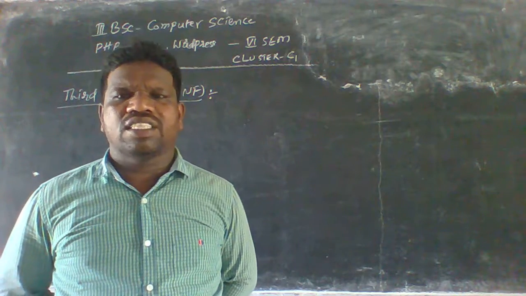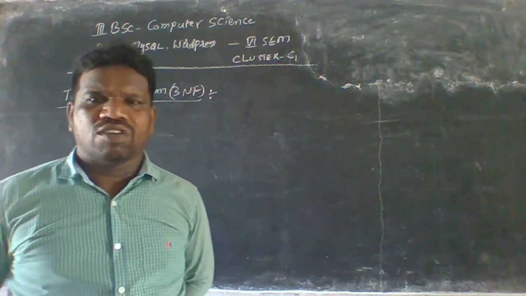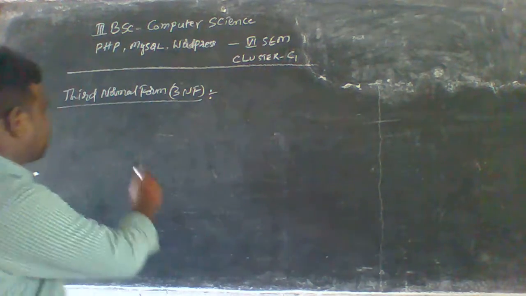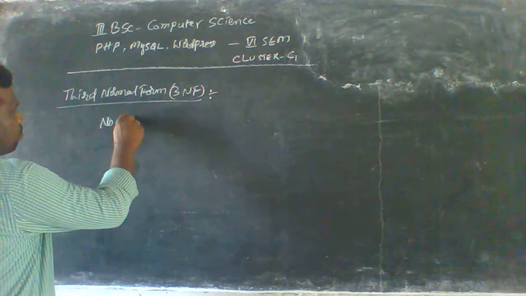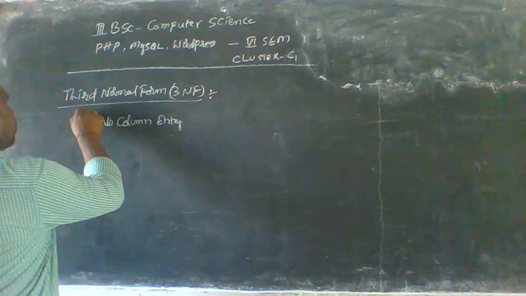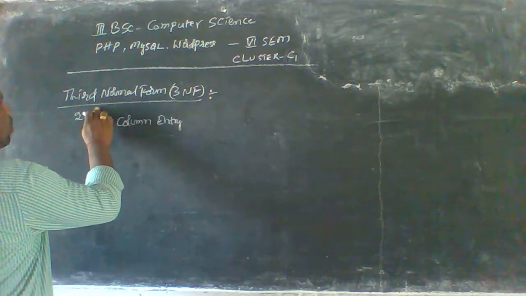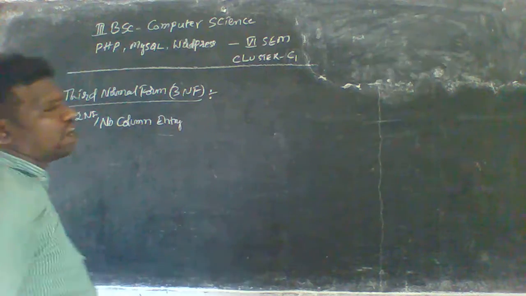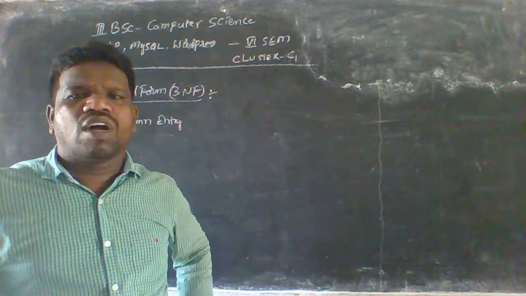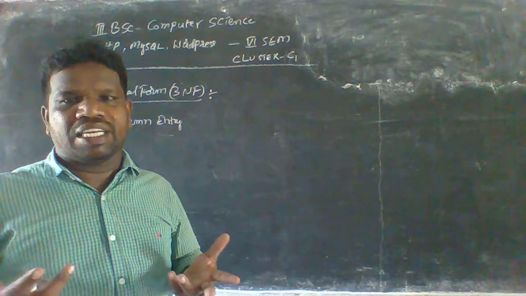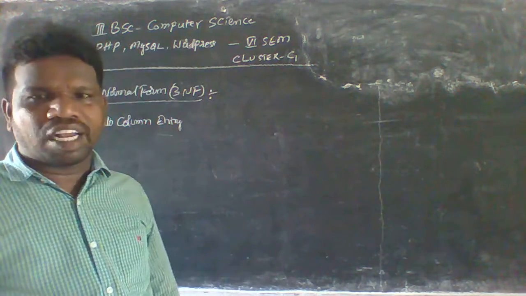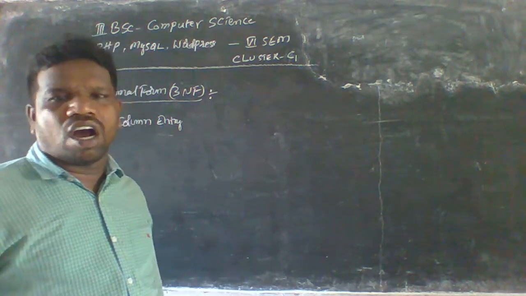That means the entity should already be in 2NF, and no column entry should be dependent on any other entry. Later we discussed 2NF. The non-key column entry should not depend upon another entry here.